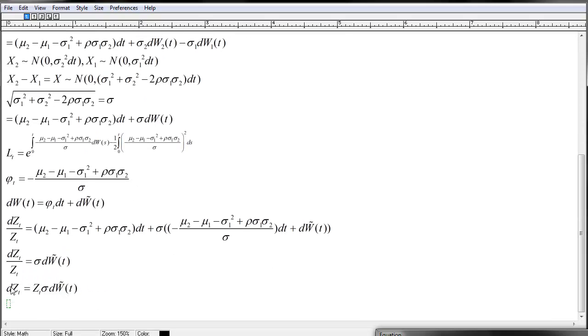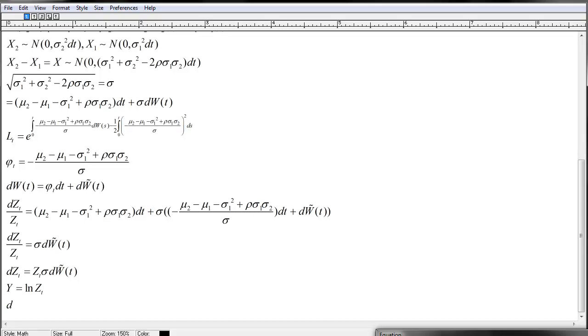I think it might be an exponential solution. It's very similar to stock motion in Black-Scholes. So what I do is I guess some y is equal to the logarithm of Z at t.